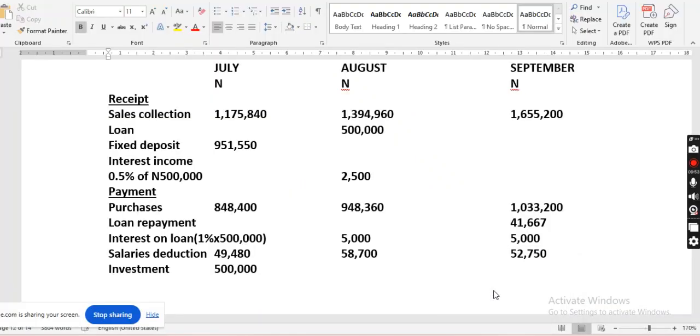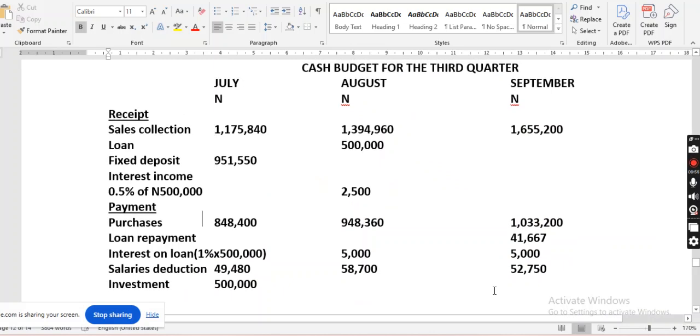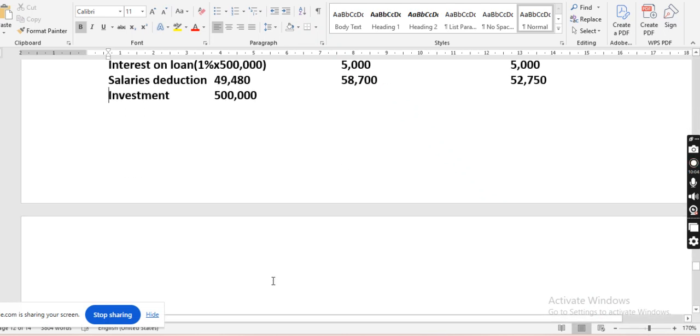Now, the first one is net salaries. I'm coming to bank charges, right? Net salaries. So what is the net salaries for July? 720,000.